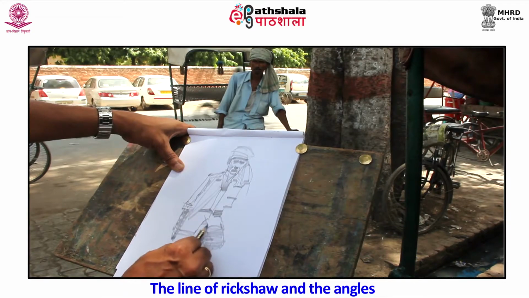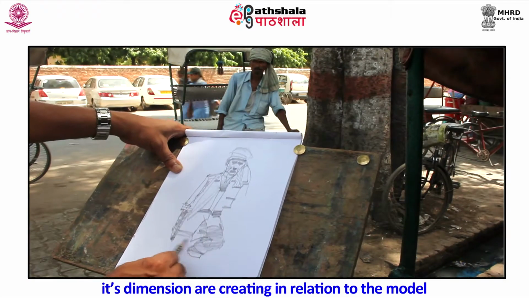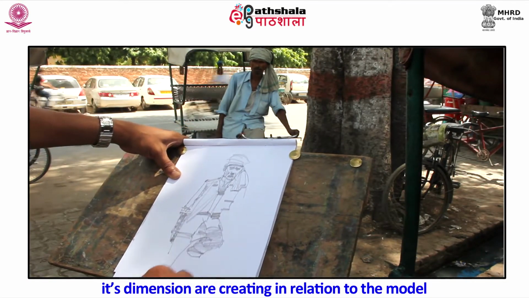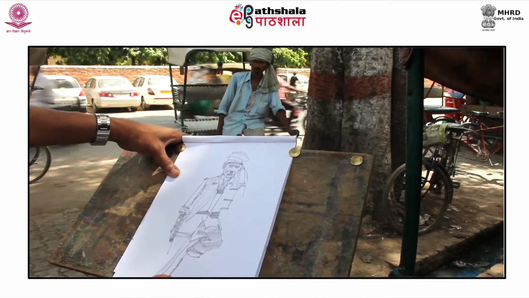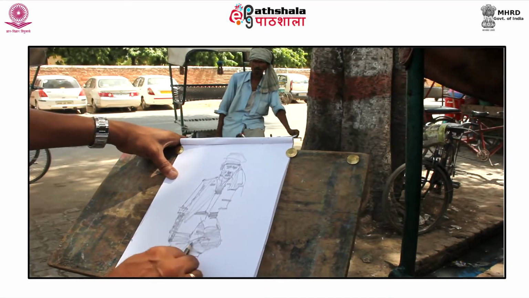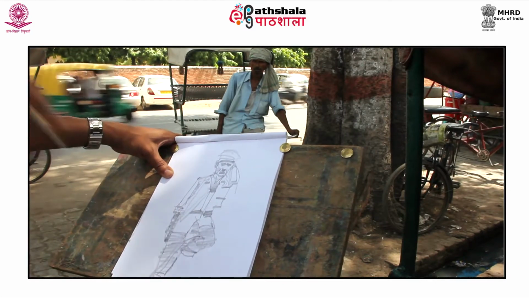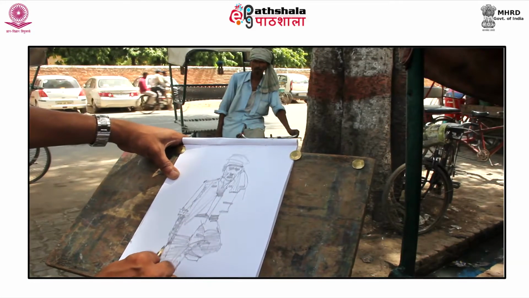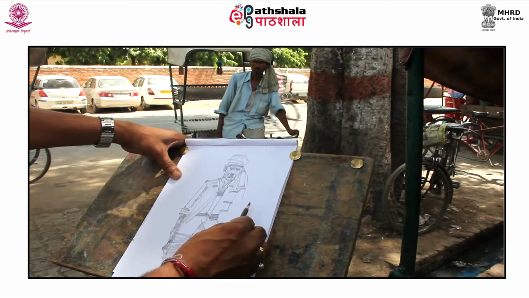Note the line of the rickshaw and the angles its dimensions are creating in relation to the model. Highlight the gap between the seat of the passenger and the rickshaw puller.